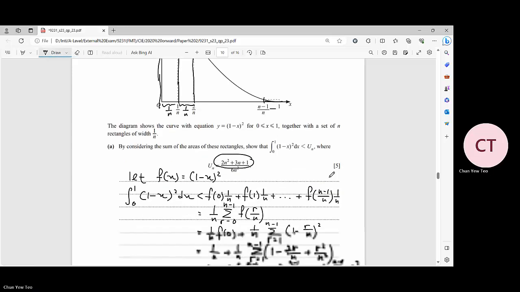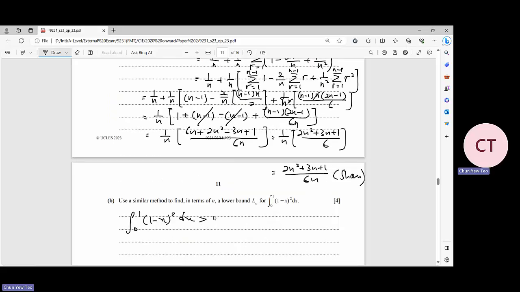Okay. So that means this one will be greater than f1 over n multiply 1 over n, f2 over n multiplied by 1 over n until the last one plus the f n over n multiply 1 over n. So this one can be written as the sum from r equal to 1 of fr over n.